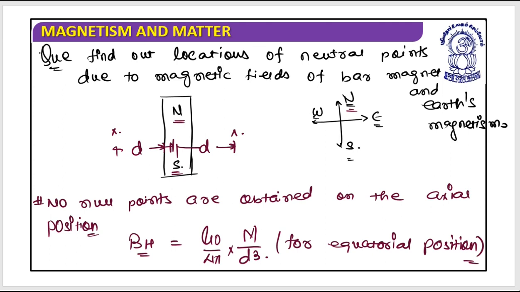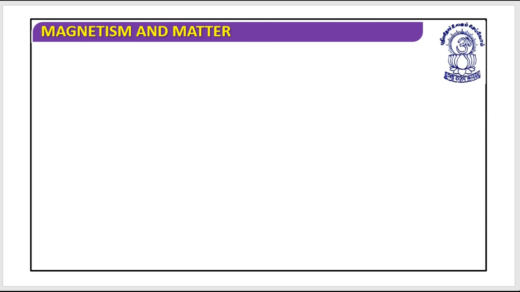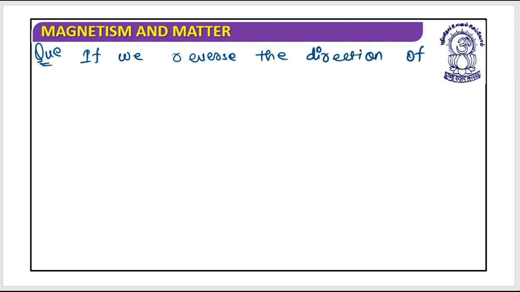Now let's look at the second question. Suppose the question says that if we reverse the direction of the bar magnet, discuss the null point.